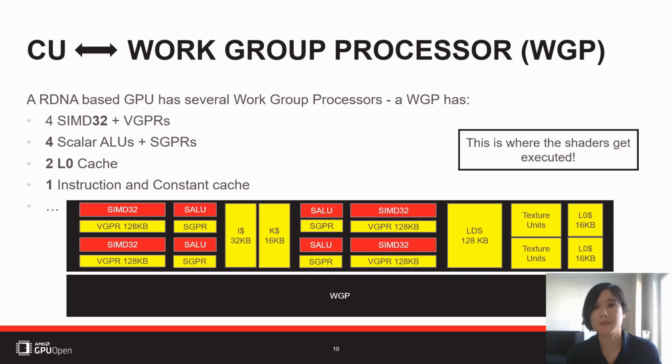A workgroup processor still has 4 vector ALUs, but this time they are 32 wide. It has 4 scalar units, whereas on a GCN compute unit we had 1 scalar unit. And we still have local data share, of course. We now have 2 L0 caches. They're not called L1 cache anymore, but L0, though conceptually they are exactly the same.